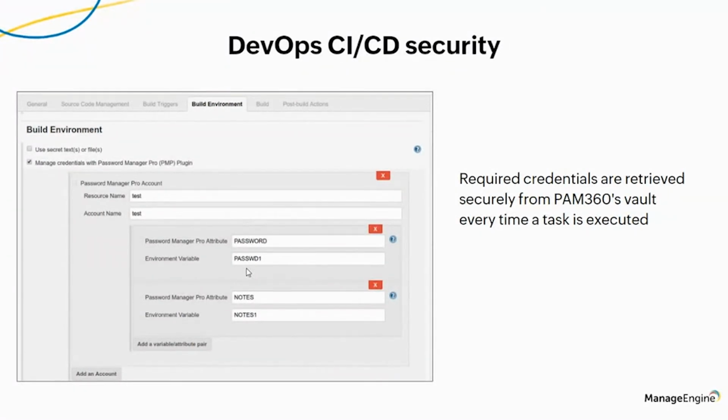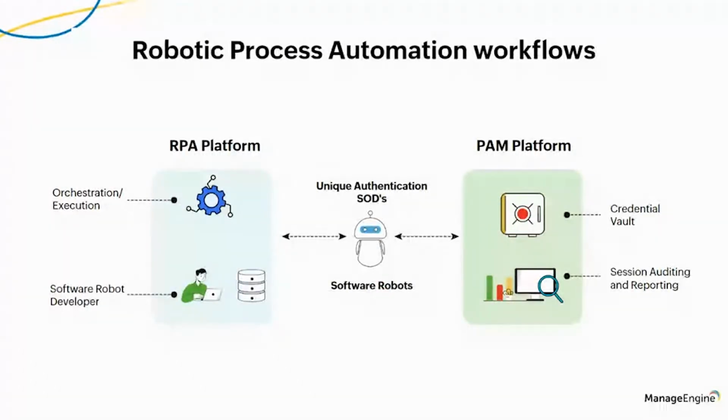And that passwd1 gets replaced with the real password in real time, and then the script gets executed. So you don't have to worry about breaking these pipelines just because you changed the password, and you also don't have to worry about somebody opening the script, looking at the plain text password and copying it. So that's how this DevOps integration works.